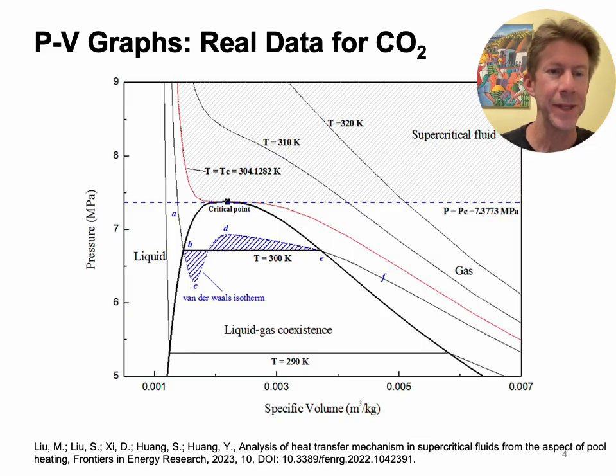But in the middle, there's a wiggle, and the wiggle is going to be the liquid gas coexistence region defined by this area here. And over here is going to be the volume at a specific pressure and temperature of the liquid. Go straight across, and that's the volume of the gas.